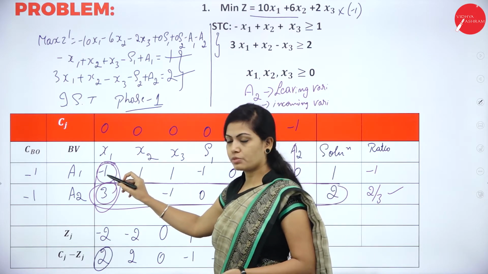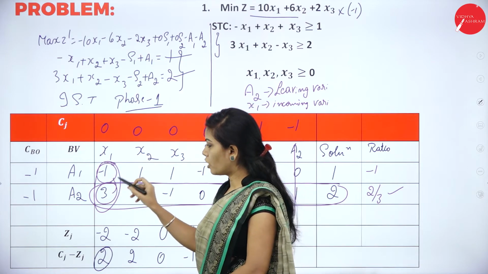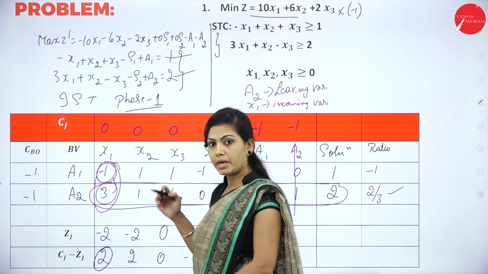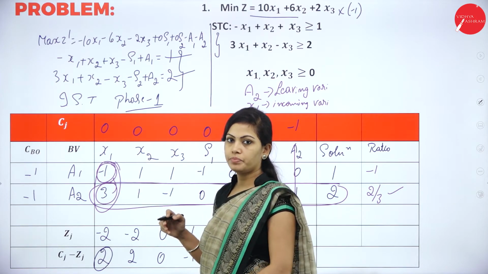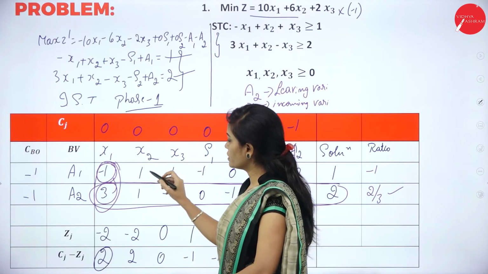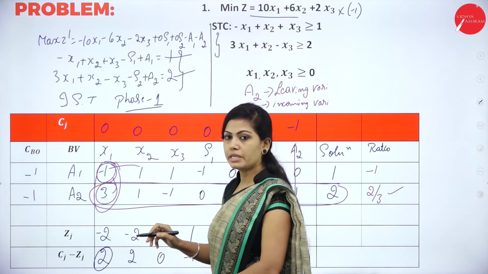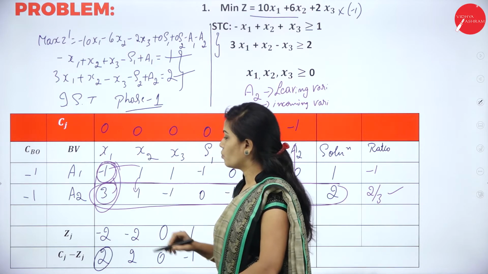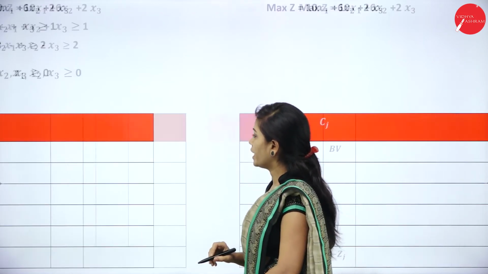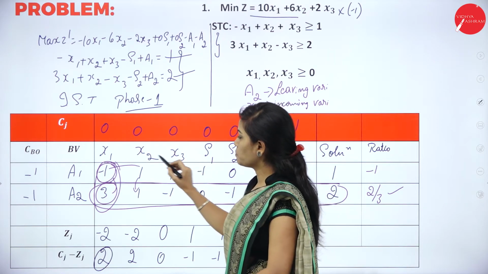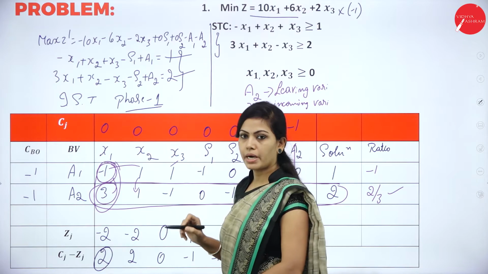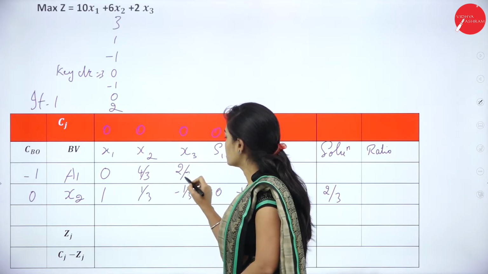I'll repeat. Old value is minus 1 and corresponding key column is also minus 1 and key row is 3, divided by key element also 3. So you'll get 0. And old value is 1, corresponding key column is minus 1 and key row is 1. You'll get 4 by 3. And old value is 1, corresponding key column is minus 1 and corresponding key row is minus 1. So you will get 2 by 3.